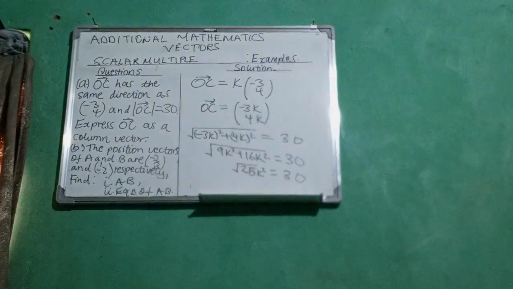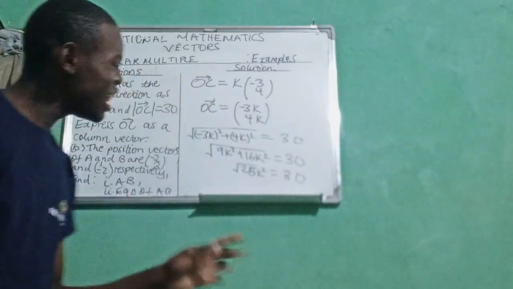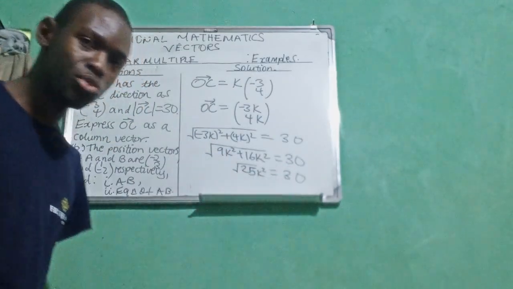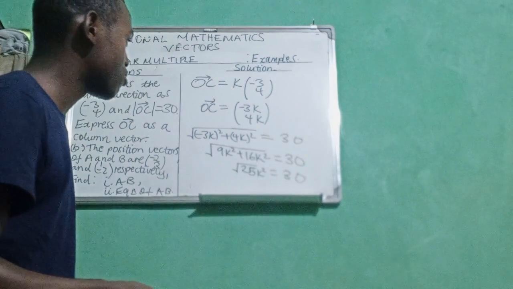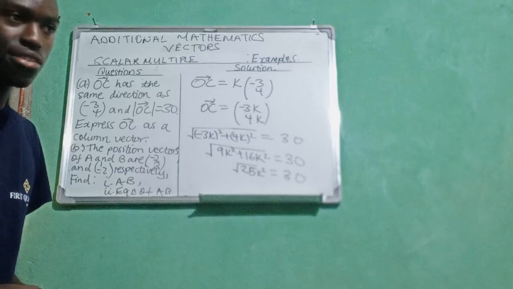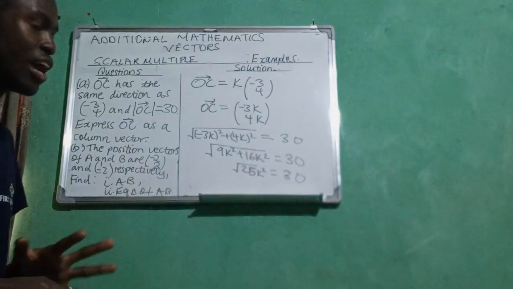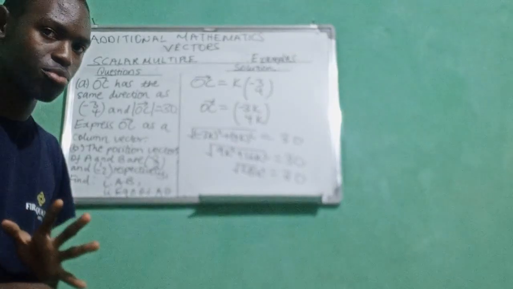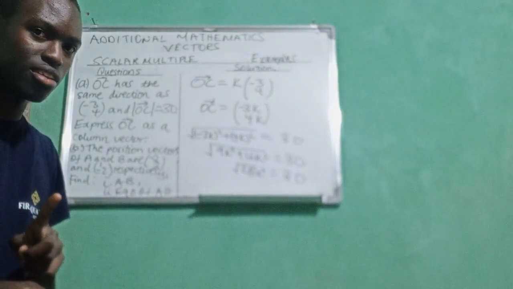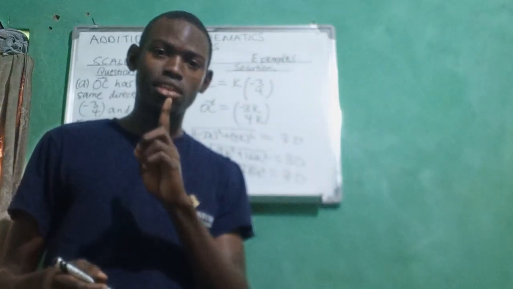People often get confused about what to do when you reach this point. Let's not start squaring both sides, because you're just giving yourself a hard time. In this particular case, since it's in the same direction, the scalar is a positive one. Be careful on that. A scalar can be positive, a scalar can be negative.